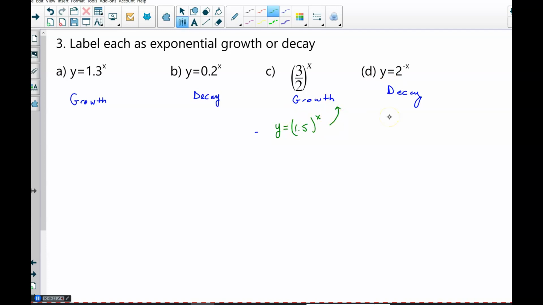And for part D, I could rewrite the function as y is equal to 2 raised to the -1 to the power of x, or 1/2 raised to the power of x. So notice, once it's in the form y equals b raised to the x, we can see that the function decays.